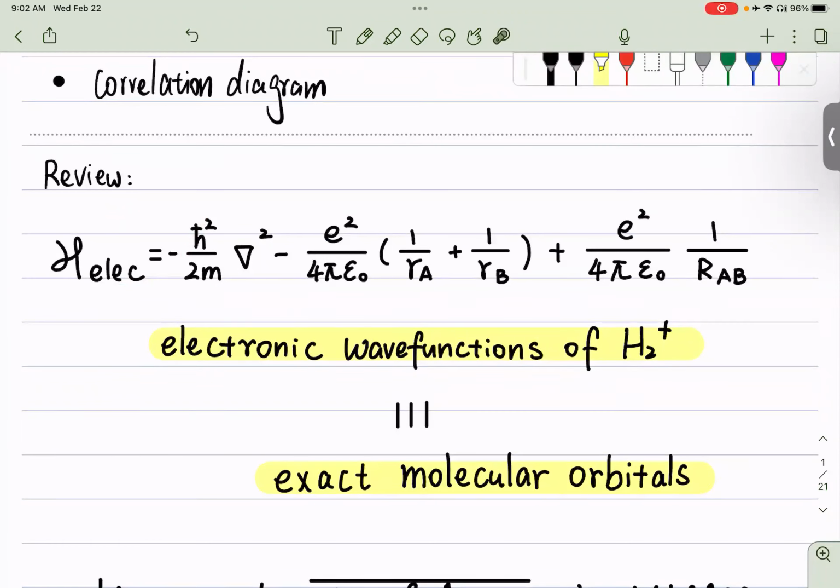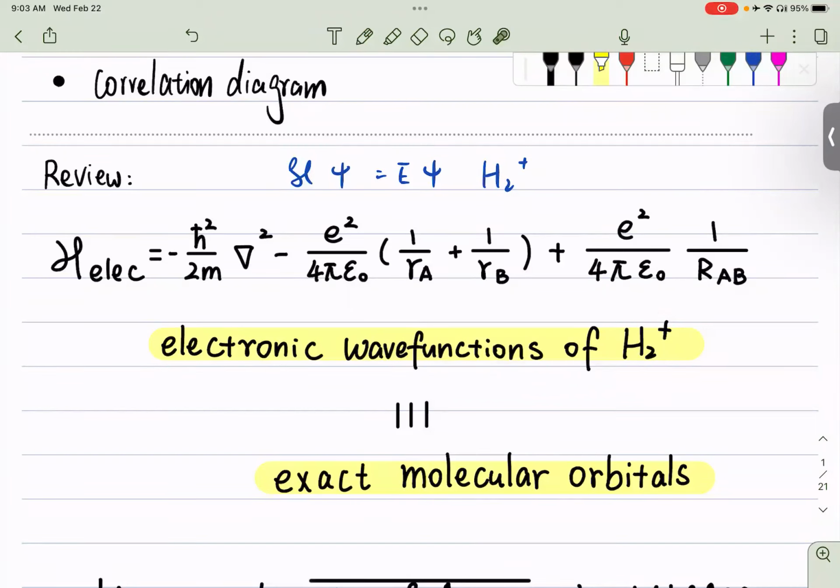So before we get started, a quick review of our last Friday's lecture. Remember, we were talking about chemical bonds, right? It's like solving the wave function for the hydrogen atom. By solving the Schrodinger equation of H2 plus, which is a 1 electron system, we can consequently get the electronic wave function of H2 plus.